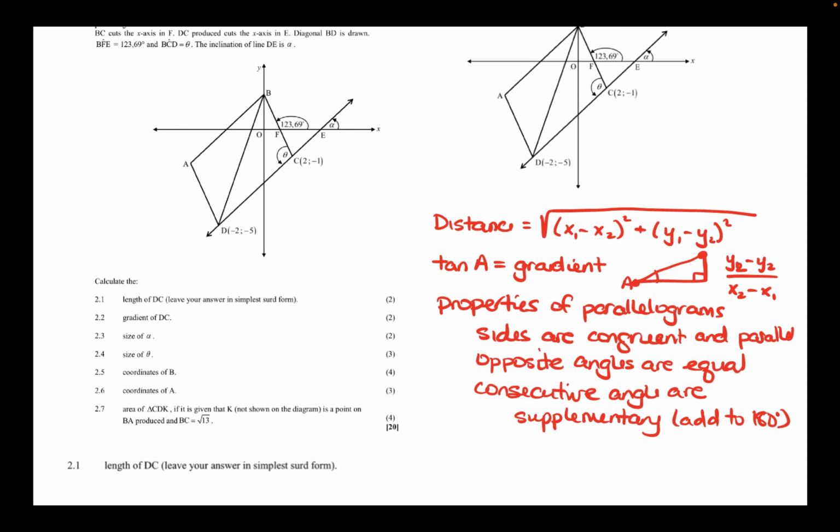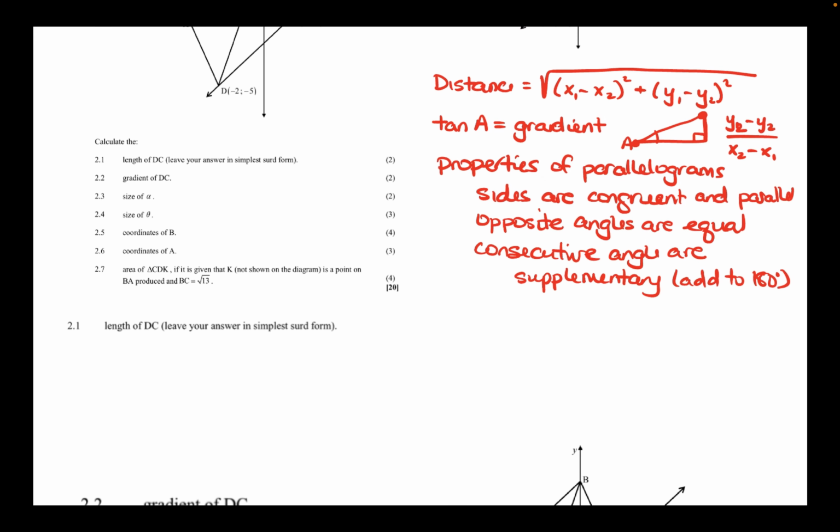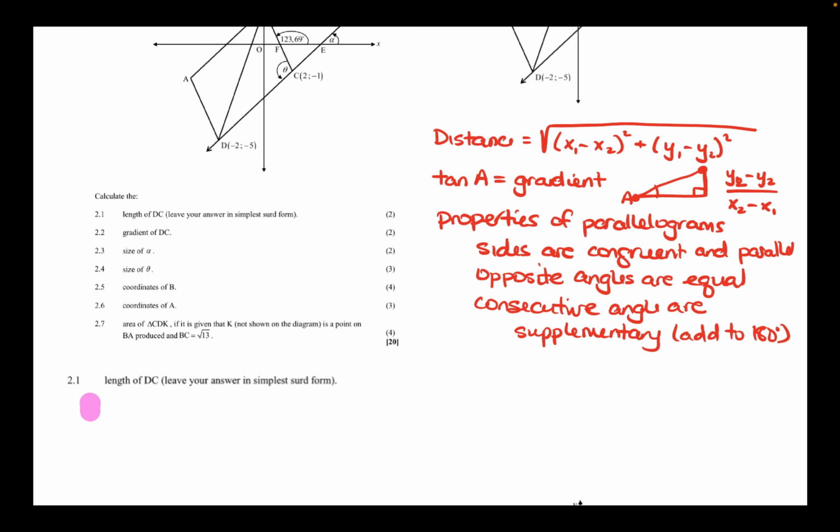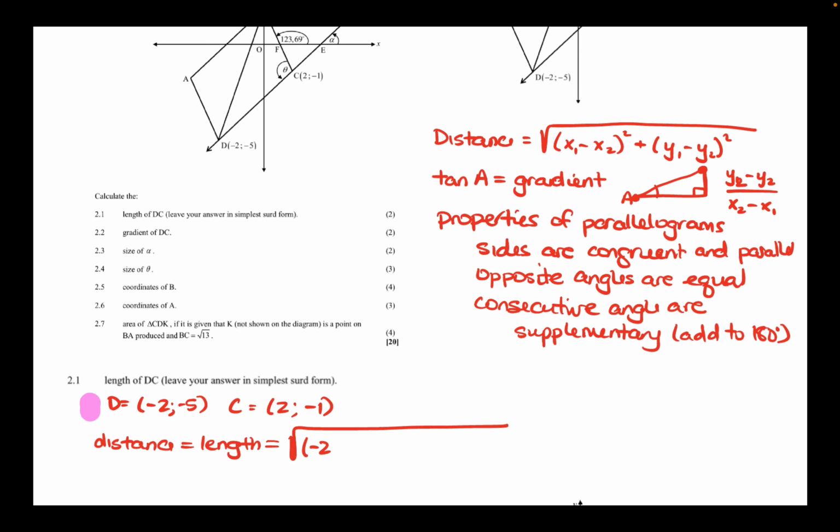Okay, so let's start. The length of DC. Well, D, we know, is the point (-2, -5), and C is the point (2, -1), so we can use our distance formula. The length is equal to the distance. And that will be the square root of (-2 minus 2) squared plus (-5 minus -1) squared.